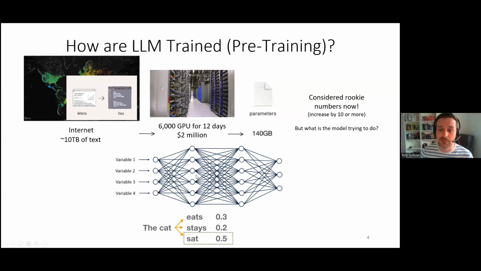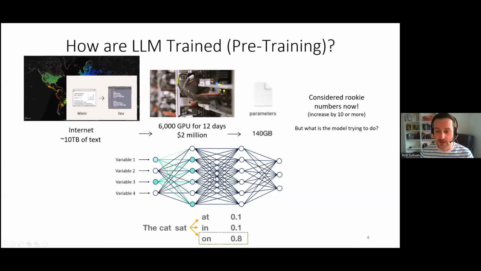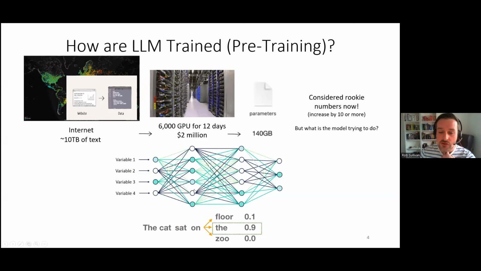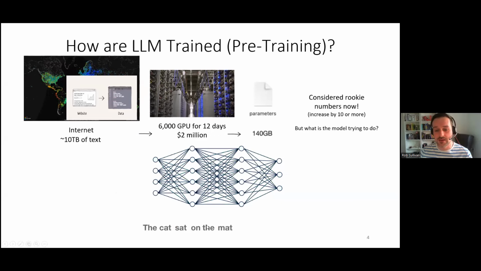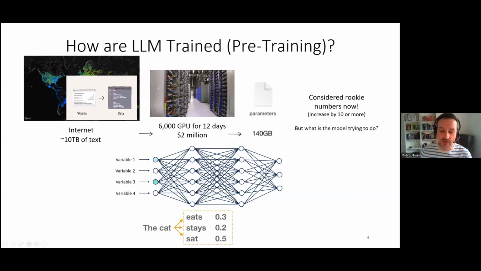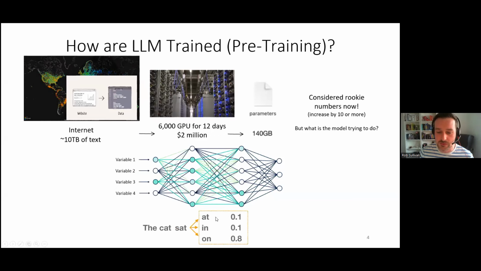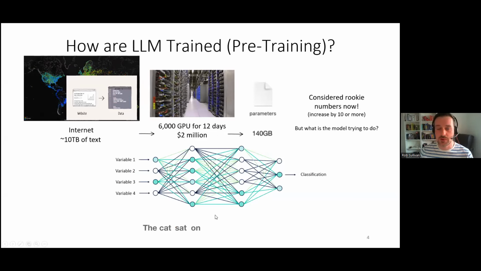And these nodes are the parameters that I've been talking about. So that 140 gigabyte file is these 70 billion parameters, and each one is trying to figure out what should activate next in order to predict the next word. And in this case, I use the famous example of the cat sat on the mat, and you can see the system is trying to look at all the different probabilities and choose the one that's most probable to follow next.